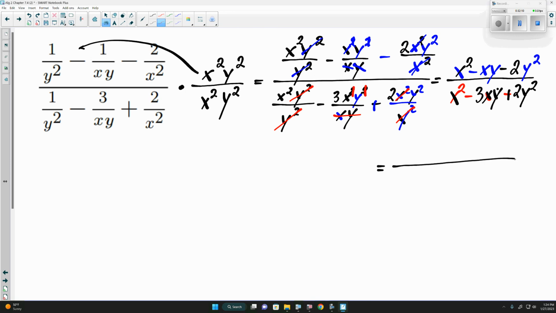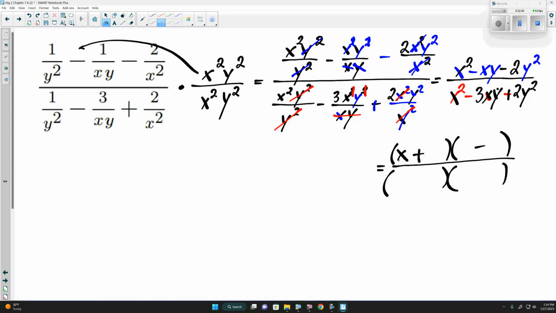Now, these here actually do factor. Since we have x squared, x, middle term, y squared, they do actually have a set of factors, interestingly enough. So sign, let's do sign first. Since the third term, 2y squared, is negative, the signs are opposite. Positive and negative.